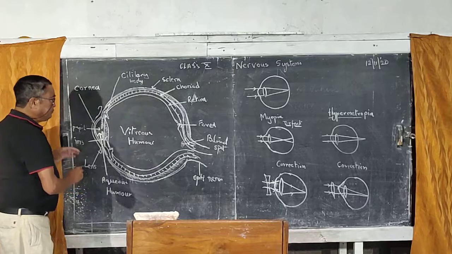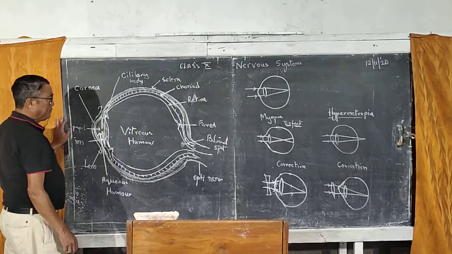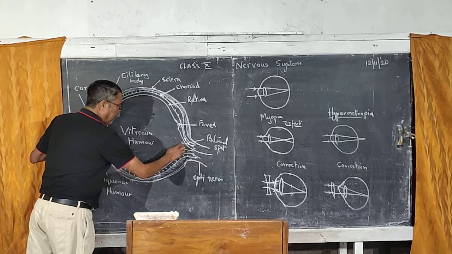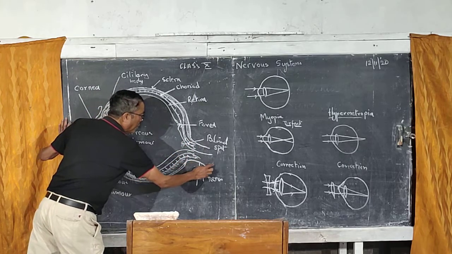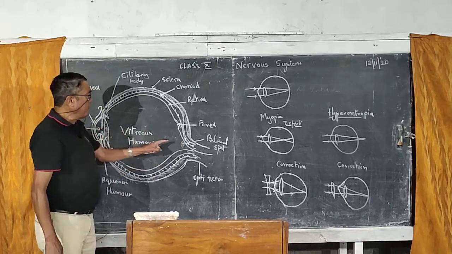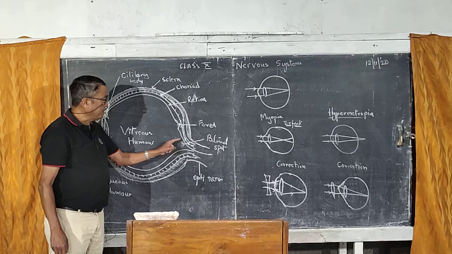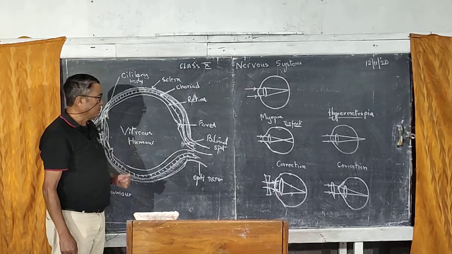Now, blind spot. The blind spot is the portion on the retina where the optic nerve leaves the eyeball. This region is devoid of rod cells and cone cells, therefore no image is formed, therefore it is called the blind spot.